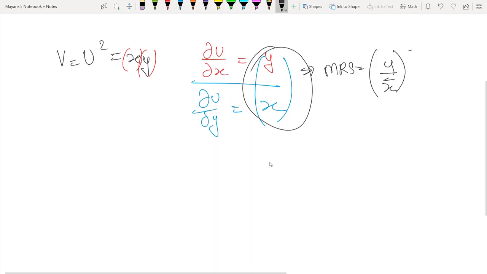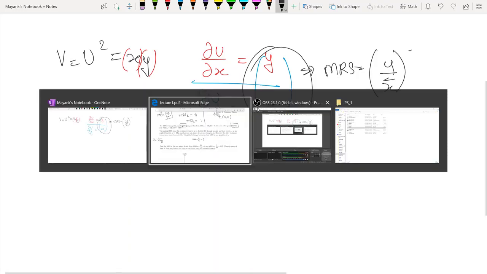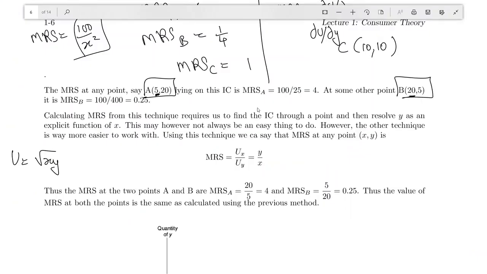Now with MRS equals to y by x, I want to find the actual numerical values of MRS at these points. So MRS is y by x. At 5, 20, you get MRS A equals to 20 by 5, that is 4. MRS B becomes 5 by 20, that is 1 by 4, and MRS at C becomes 10 by 10, so that is 1.